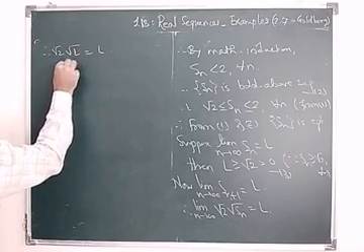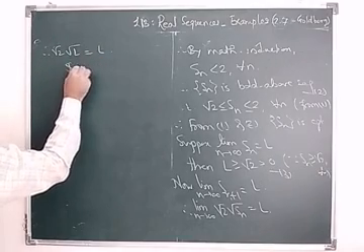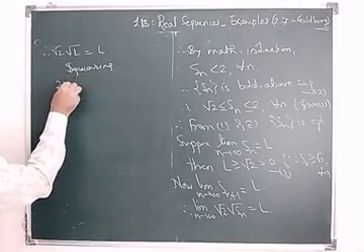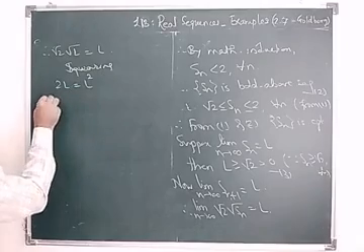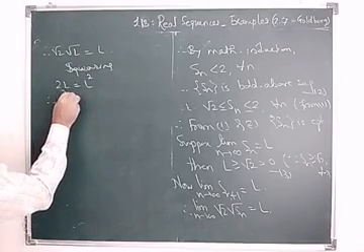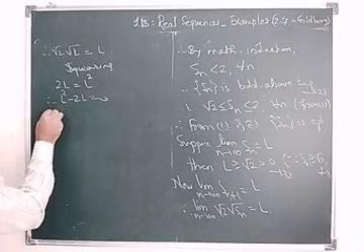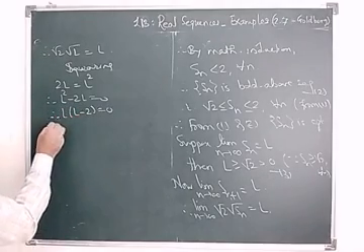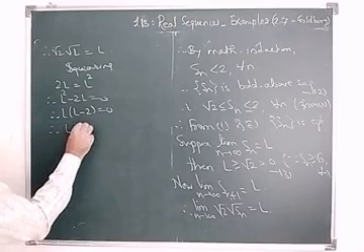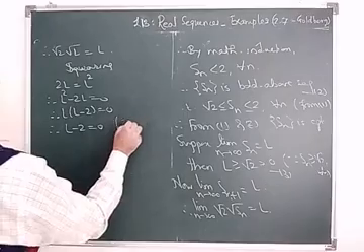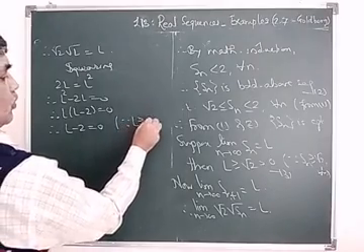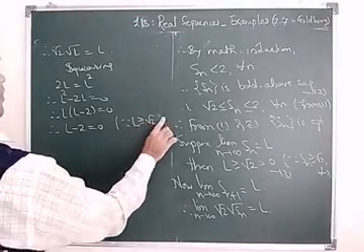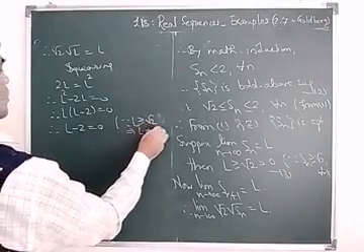Squaring, we get 2L is equal to L square. And therefore, L square minus 2L is 0. Therefore, L into L minus 2 is equal to 0. This must imply L minus 2 is 0, since L is greater or equal to root 2, which implies L is not equal to 0.